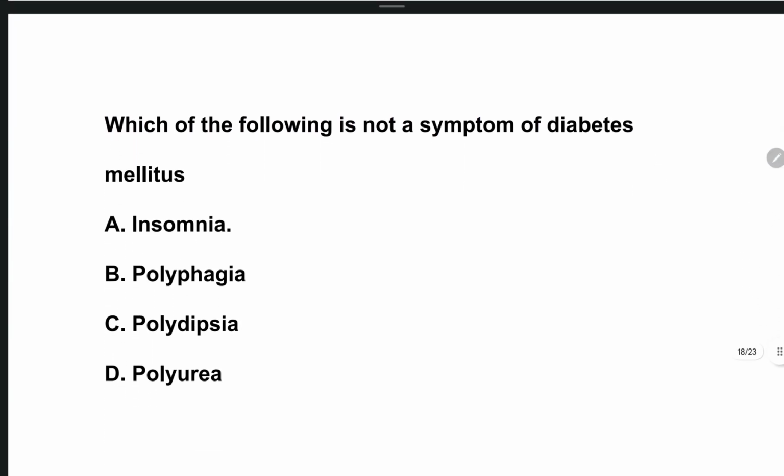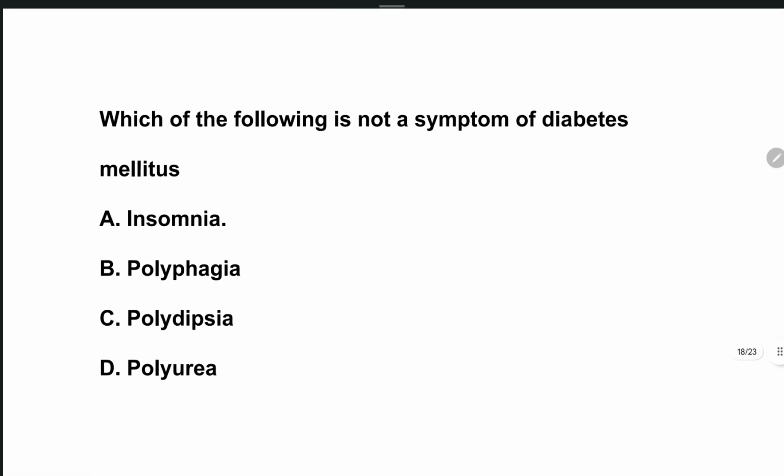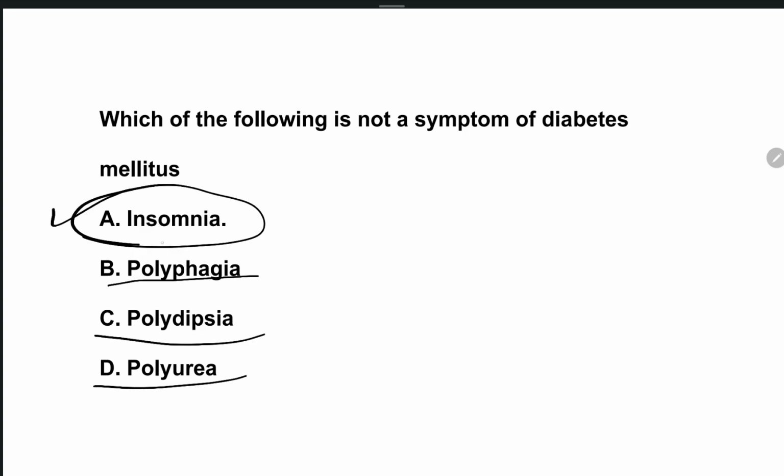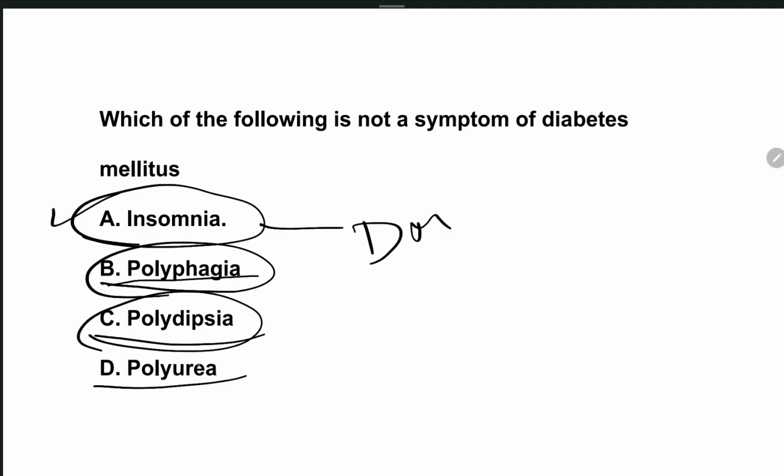The next one is, which of the following is not a symptom of diabetes mellitus? Options are insomnia, polyphagia, polydipsia, polyuria. The right one is option A. Insomnia will not be present in diabetes mellitus, but they will have polyphagia, polydipsia, and polyuria.